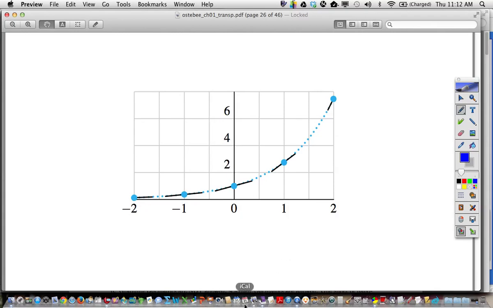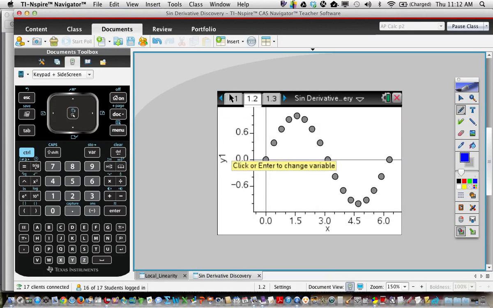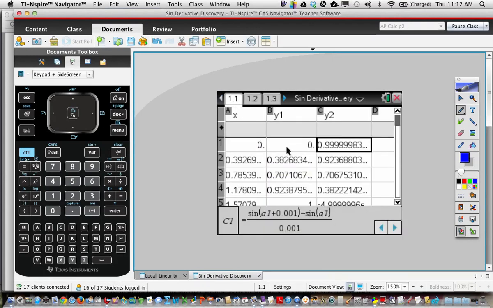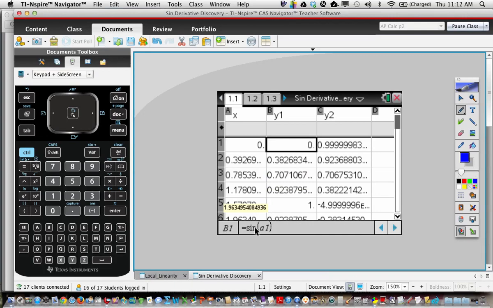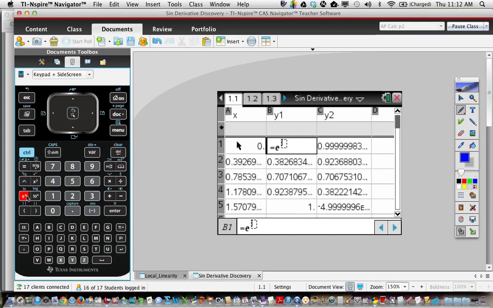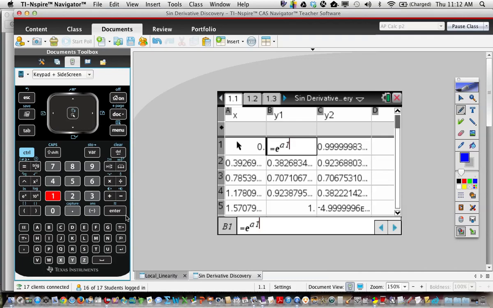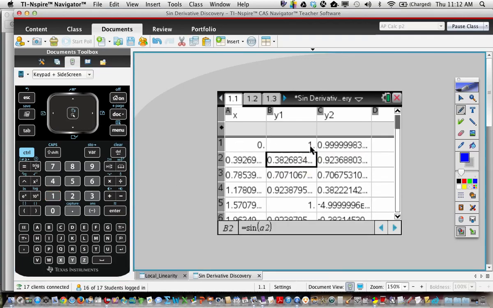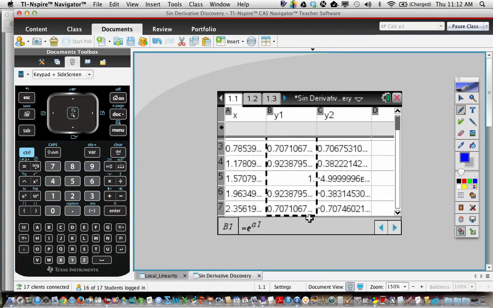So if we were to put that into this calculator, let's change this formula here to be e to the a1, and let's copy that down.